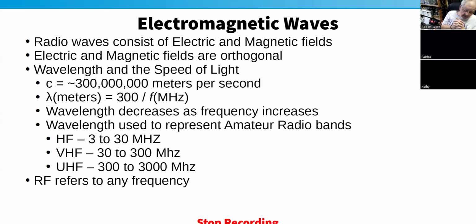It includes visible light, ultraviolet, infrared, X-rays, gamma rays. They're all electromagnetic waves, and they all consist of an electric and a magnetic field, which are orthogonal to one another. It means they're at right angles.